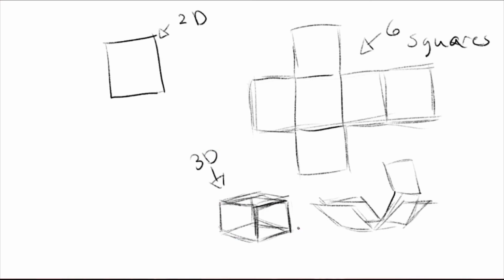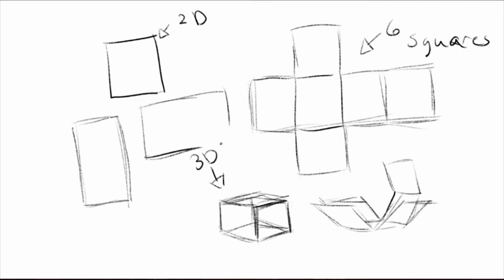That becomes useful. Now we can do that again. We can take something like a rectangle. Now this rectangle could be turned into another box, or I could take a big long piece and 2 circles.